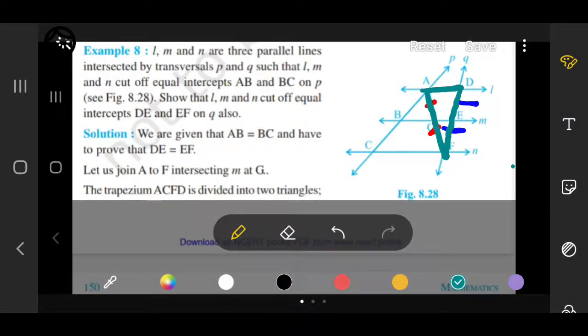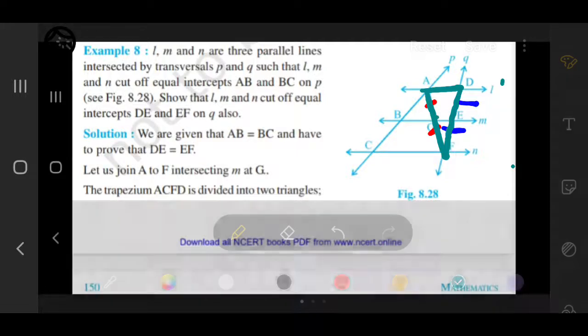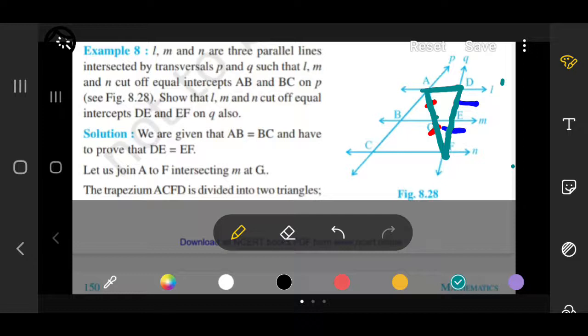In this triangle AFD, you know that line M is parallel to L, which means GE is parallel to AD, and G is the midpoint of AF.